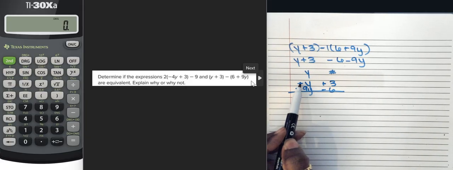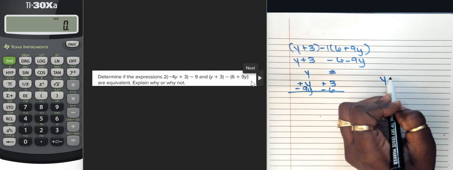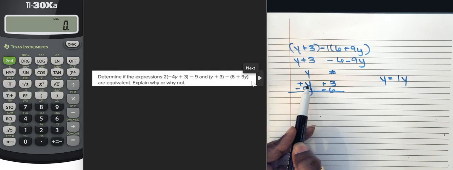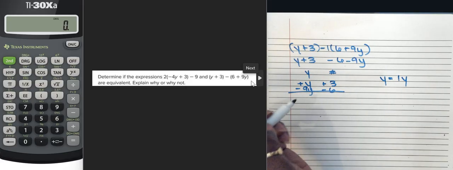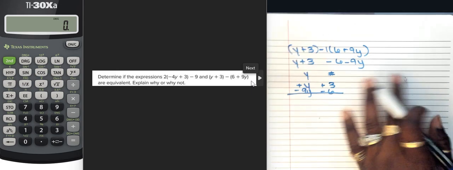So we have plus y minus 9y. So this is the same thing as plus 1y. So remember, if you don't see a number in front of your variable, it's the same thing as saying 1y. And the reason for that is look at how many y's you see here. You only see 1. Okay. So this is the same thing as saying positive 1 minus 9. So remember, they're going in opposite directions, so we're using subtraction.